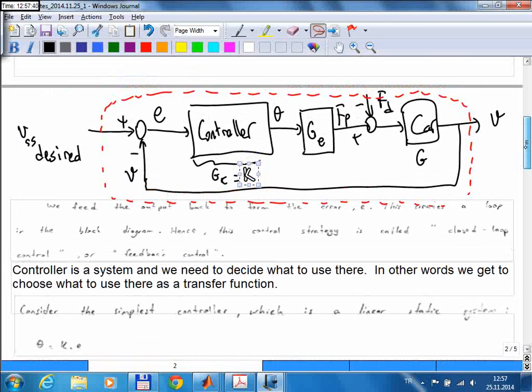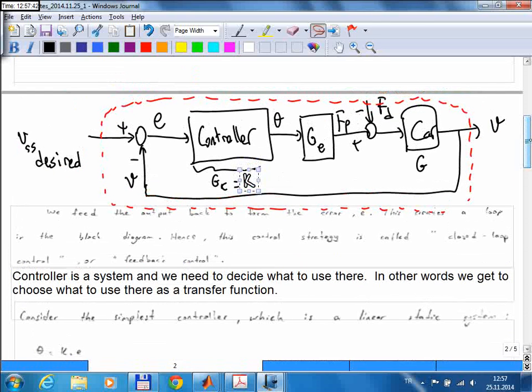So to answer this question, we need to simplify this block diagram, right? Because we have now 3 blocks, and to see the effect of that input on the output, we need to obtain the transfer function from here to here. Okay, so that's what we should do next.